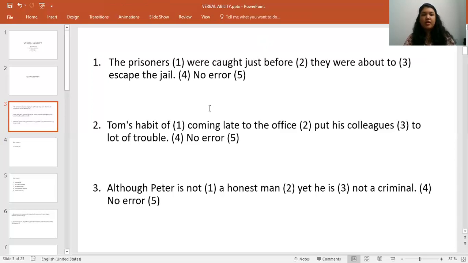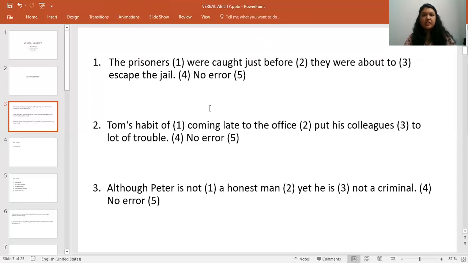Tom's habit of coming late to the office put his colleagues. If you read through once again, you will be able to understand that there aren't any grammatical errors or sentence corrections required. But when it comes to the fourth part of the sentence, it is an idiomatic expression.